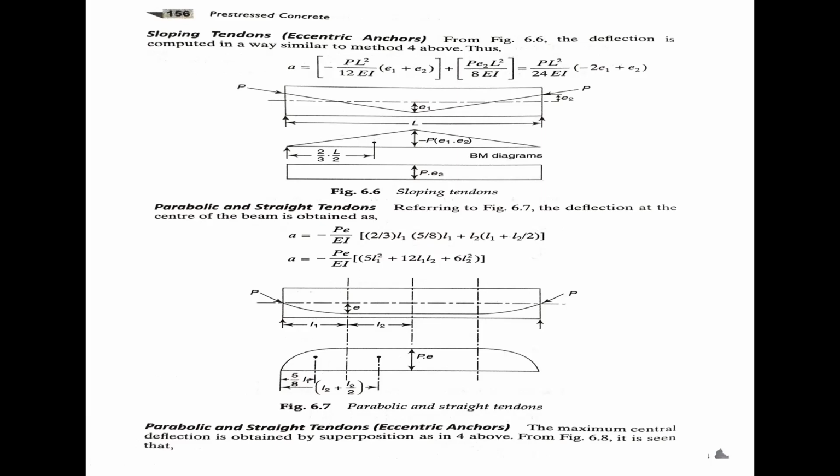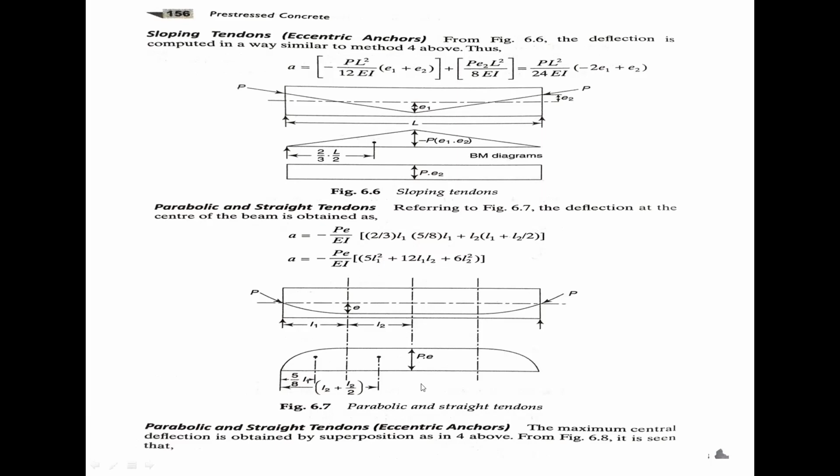Finally the deflection formula for parabolic and straight tendon profiles: A equal to minus P by EI into 5L1 square plus 12L1 L2 plus 6L2 square. So the deflection formula for parabolic and straight tendons is capital A equal to minus PE divided by capital EI into 5L1 square plus 12L1 L2 plus 6L2 square.